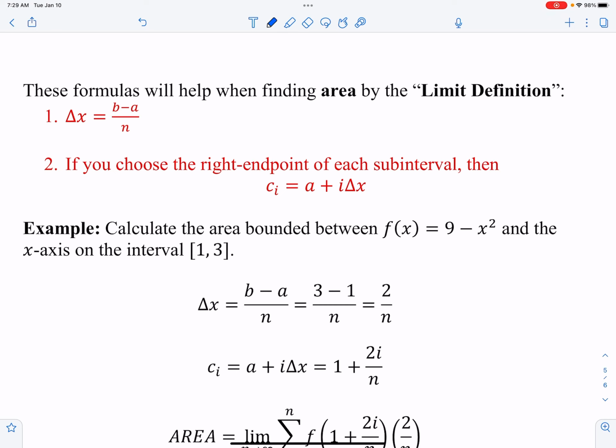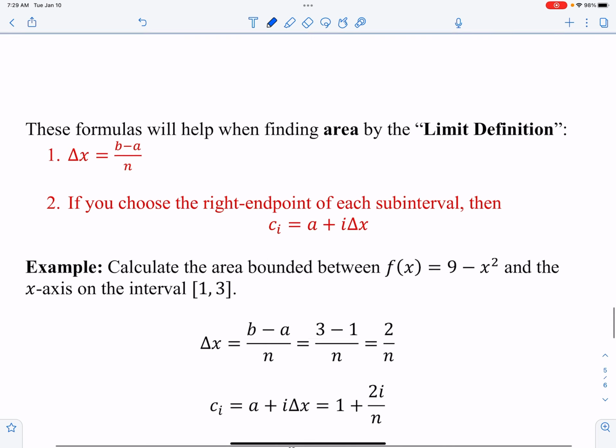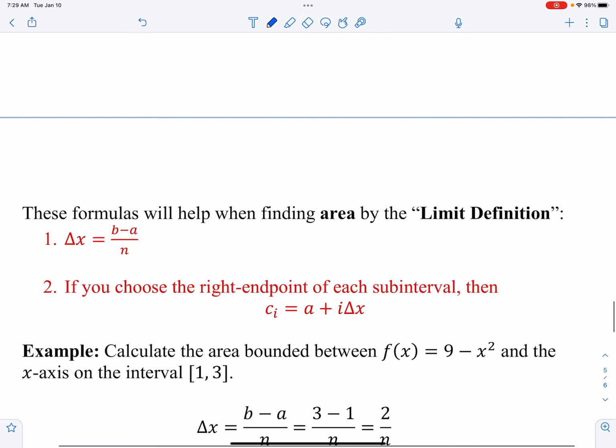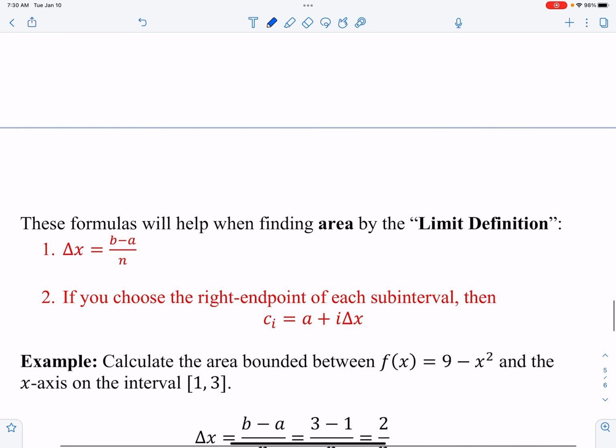And then if you choose the right endpoint of each subinterval, then you could replace c sub i with a plus i delta x. So taking the first endpoint of the interval over which you're calculating, and then if you add delta x, that would give you the right endpoint of the first rectangle. And if you keep multiplying delta x by whatever i is, the number of the rectangle you are on, then that'll keep giving you the right endpoint of each subinterval.